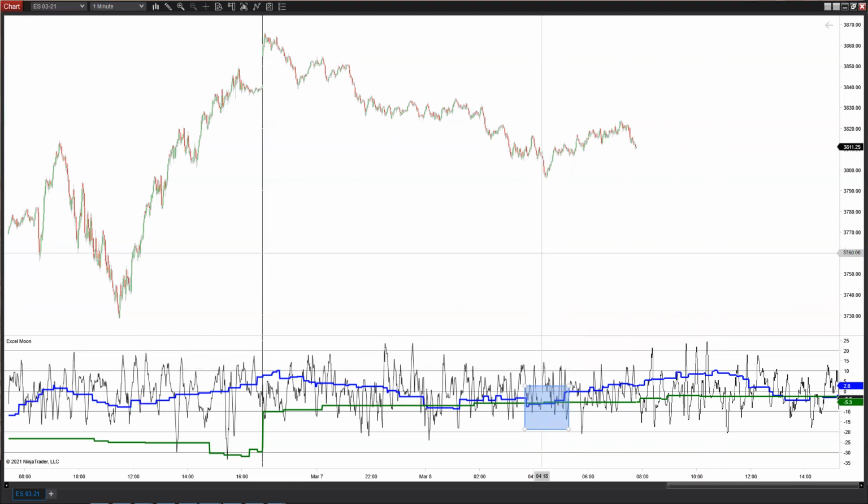So if you were looking at that this morning, you could have identified this as a potential low to get long on, and use this gray line spike as your timing mechanism to get in. Now notice all of these plots go out well into the future, so you can plainly see this ahead of time to map out your trades.